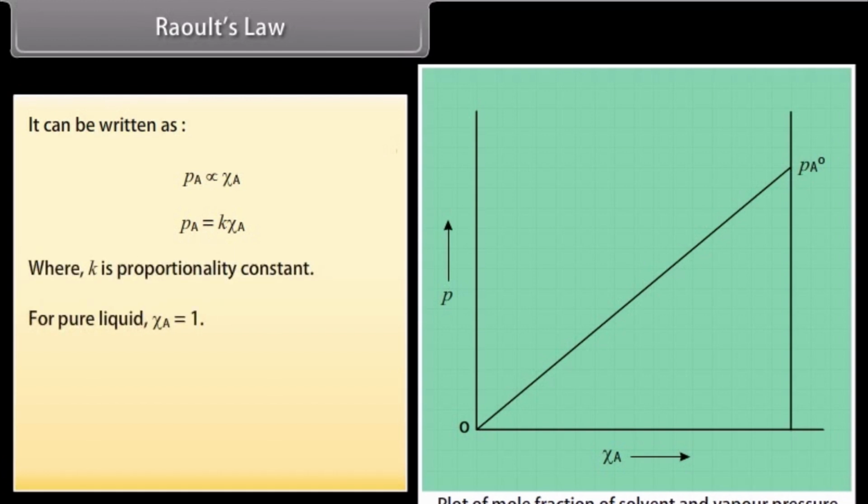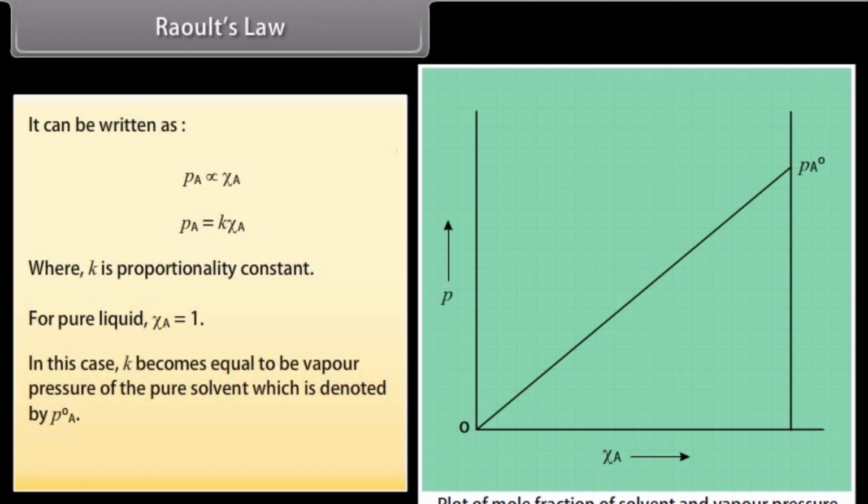For pure liquid, X_A is equal to 1. In this case, K becomes equal to vapor pressure of the pure solvent, which is denoted by P_A°. Thus, P_A = P_A° × X_A.